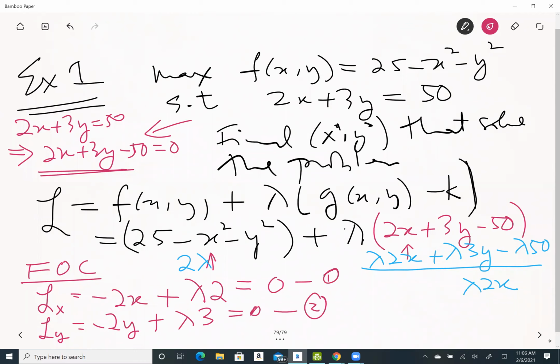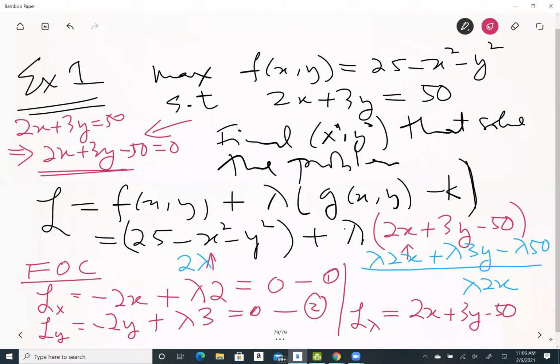Okay. Now number 3, I don't have space there, so I put it here. Okay. L lambda. You differentiate everything with respect to lambda. So first, the f of x, y has no lambda. So you only look at the second part. So what is the derivative with respect to lambda? You see here, 2x plus 3y minus 50.